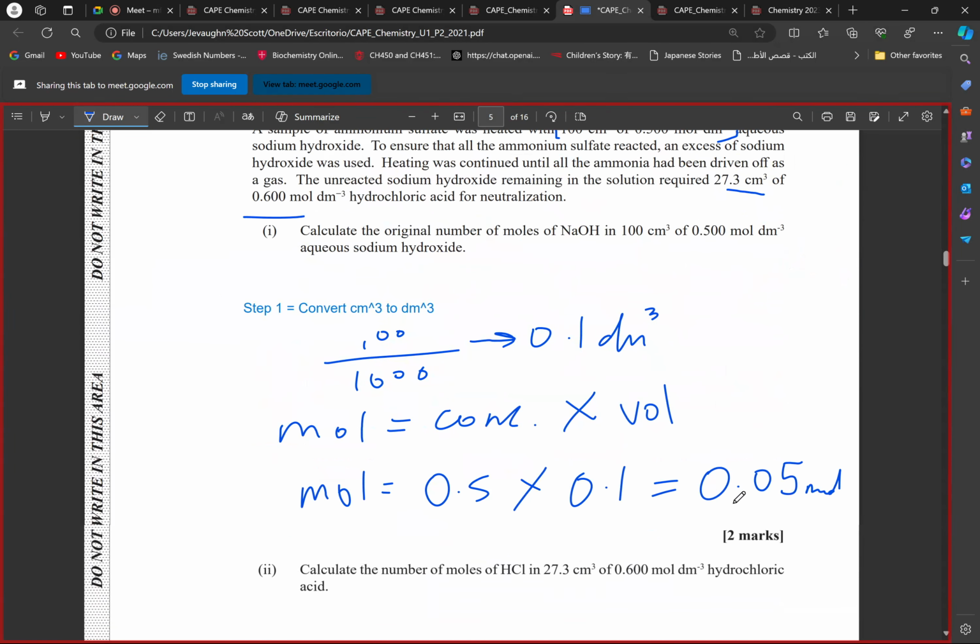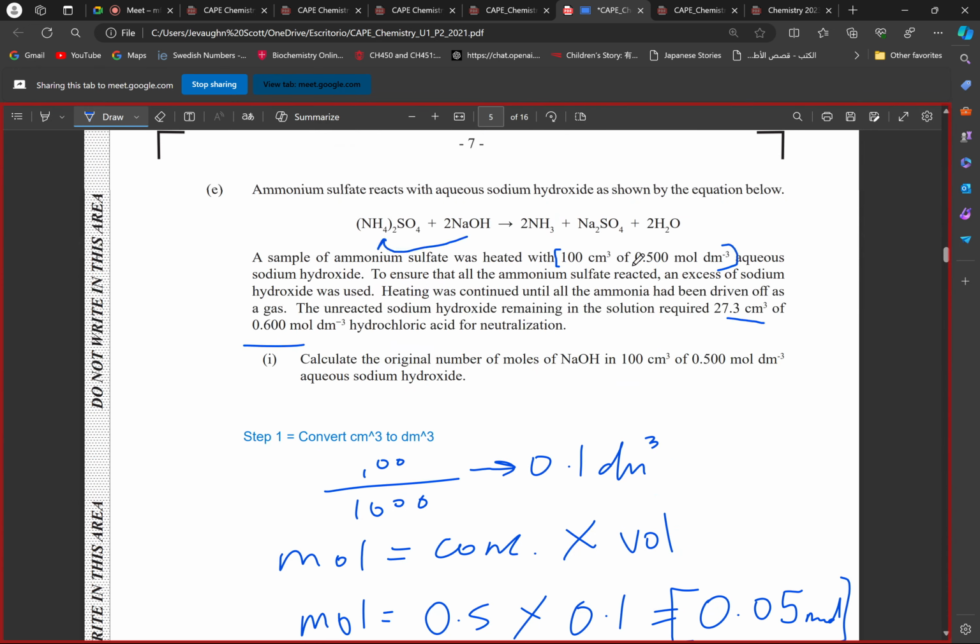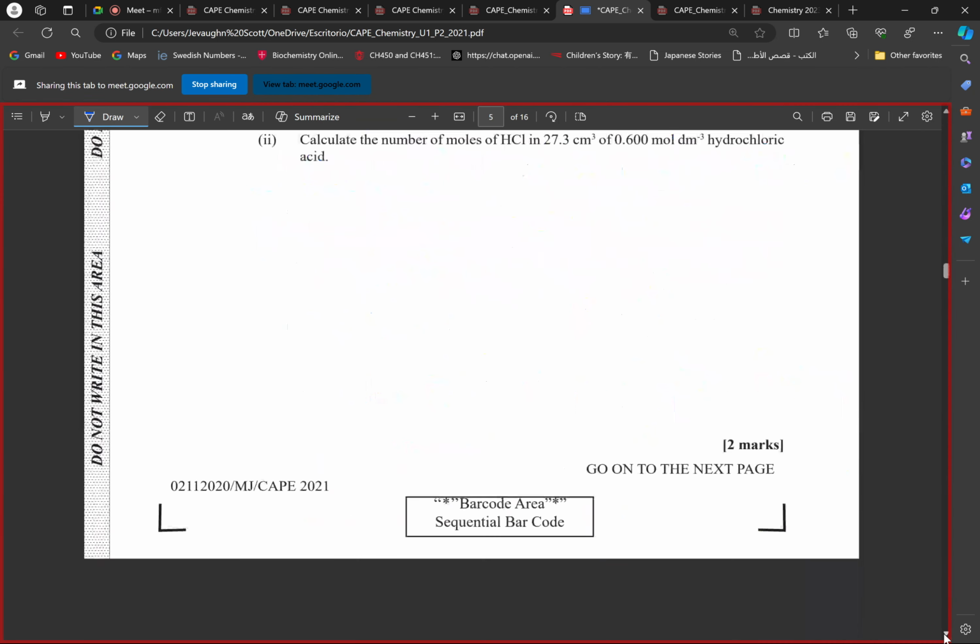Okay, so we're minusing the unreacted from the original, because we're trying to find the reacted. Okay, wait, question. I didn't hear properly what you said a while ago. So are you reaffirming that you minus your unreacted from the original? Yeah, that's what I did.